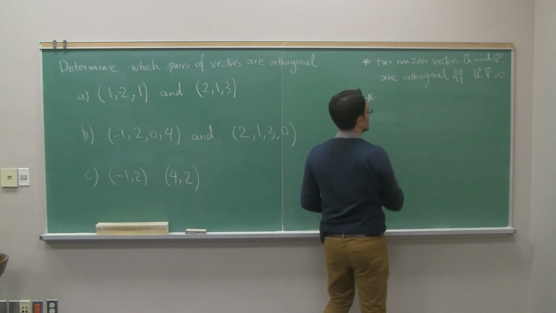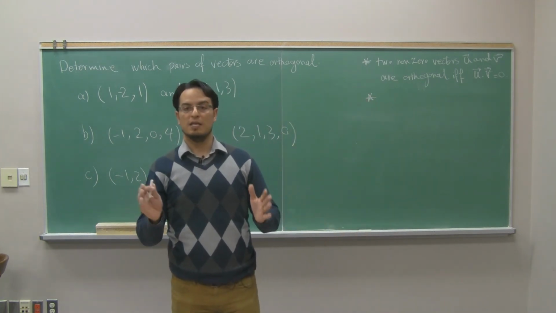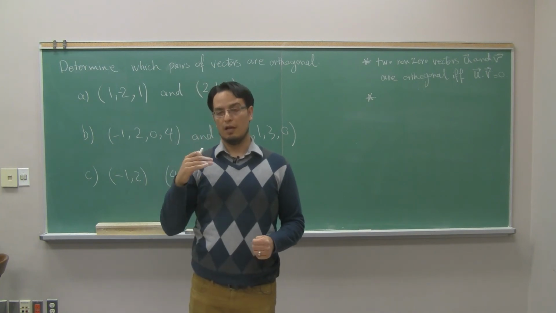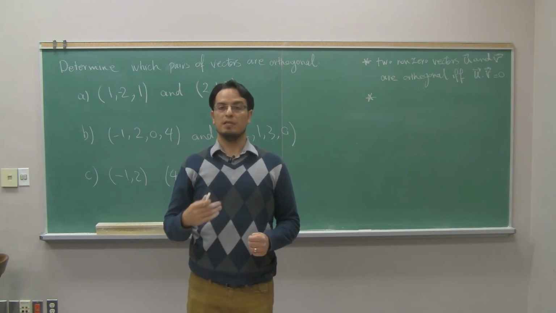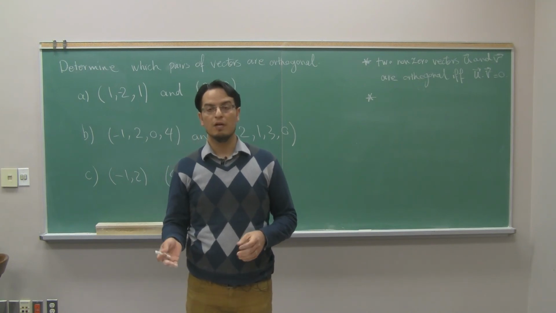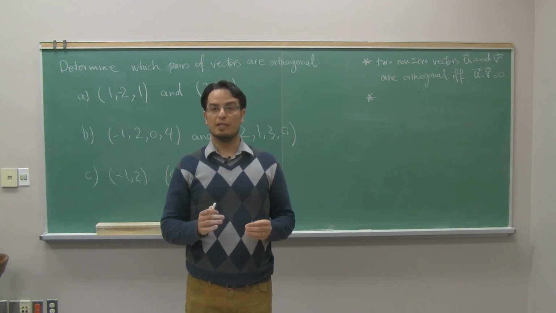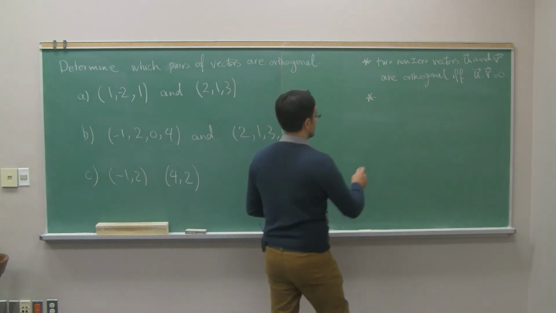And fact two is, what is dot product? Dot product is defined for all Rm, meaning that no matter how many components you have, if two vectors have the same number of components, you can dot them. And it is defined like this.